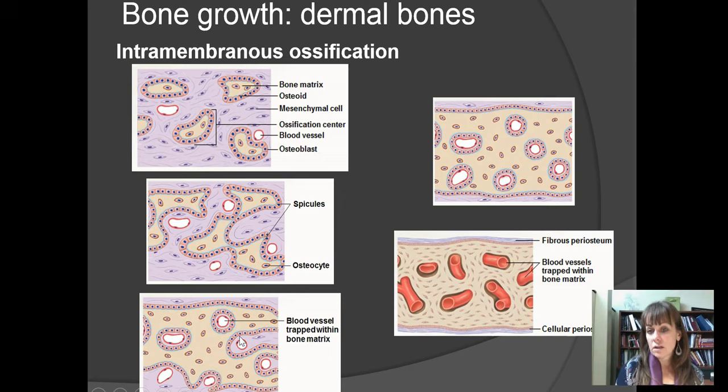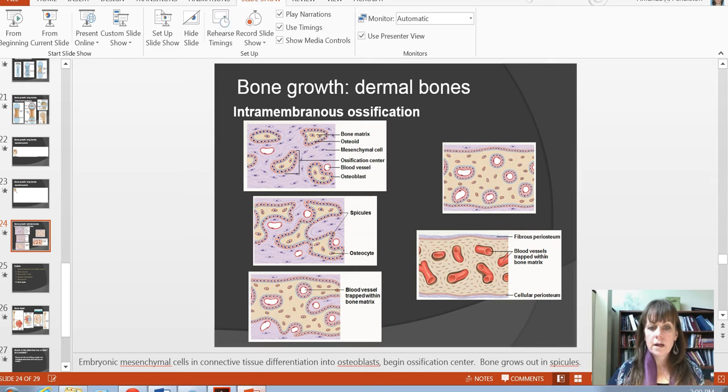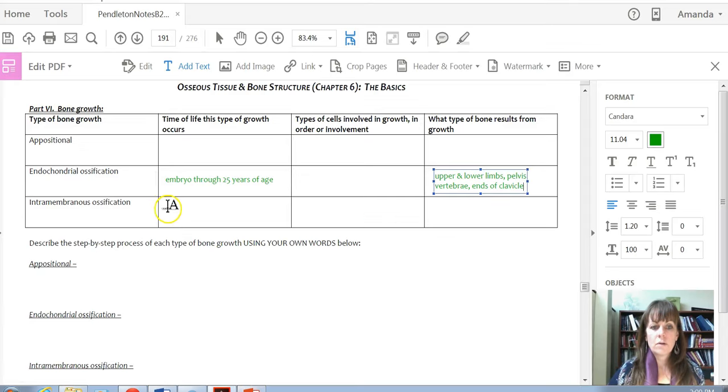And so eventually you end up with complete bone tissue where all of these individual ossification centers have eventually fused together. Now, this type of bone growth, again, it begins as an embryo and through about 2 years of age. So it actually doesn't complete until 2 years of age.